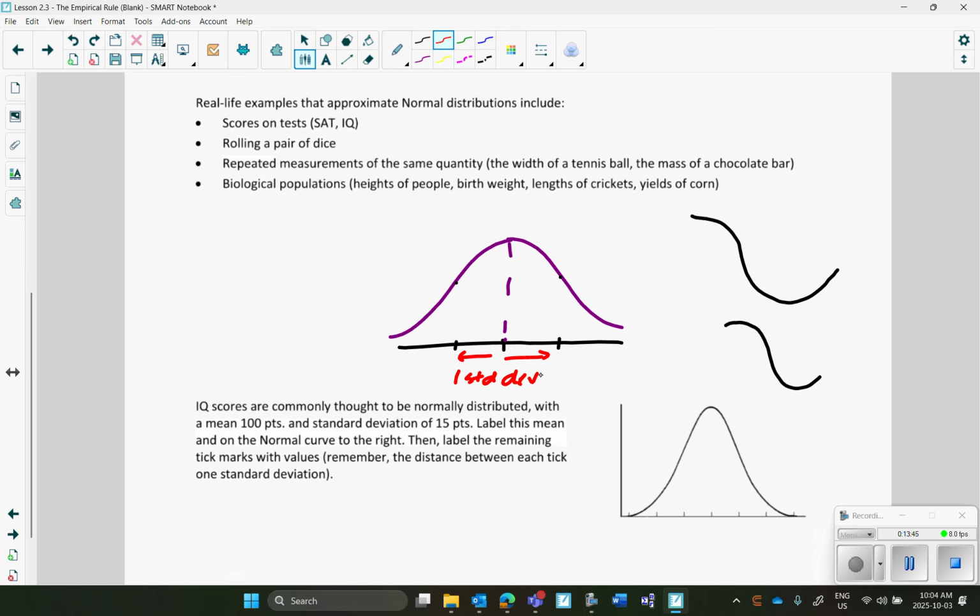How do you find two standard deviations? Now that you know how far it is from the mean notch to the one standard deviation notch, just go the same distance. And to find three, just go the same distance again. So I'm going to have to extend this.